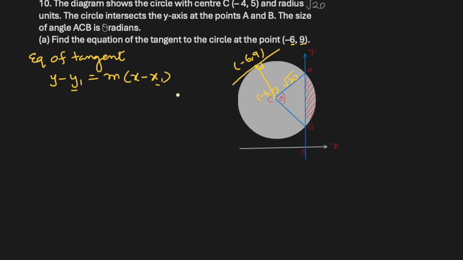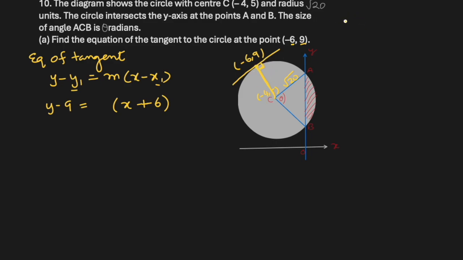So (minus 6, 9). We'll substitute those values here. y minus 9 equal to m, which is unknown, so I will keep it blank for the time being, times (x minus minus 6), which will ultimately become positive. This blank space is to be filled by the gradient of the tangent, and directly we can't get it. First we'll find the gradient of this radius, and then because they are 90 degrees, we can just negatively reciprocate it and we'll get it.